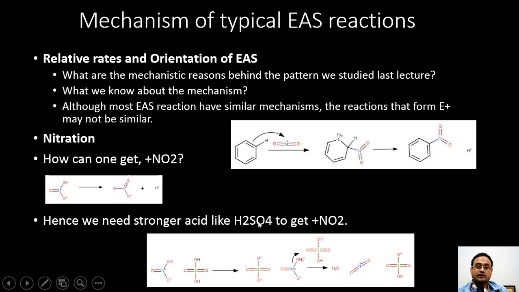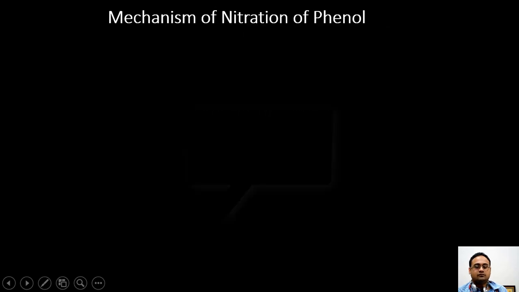Pay attention to the fact that nitric acid here is behaving like a base. The reason for this is the presence of the stronger acid, sulfuric acid, which is forcing the nitric acid to act like a base. Then with this information we can move forward to study further the mechanism of nitration of phenol.